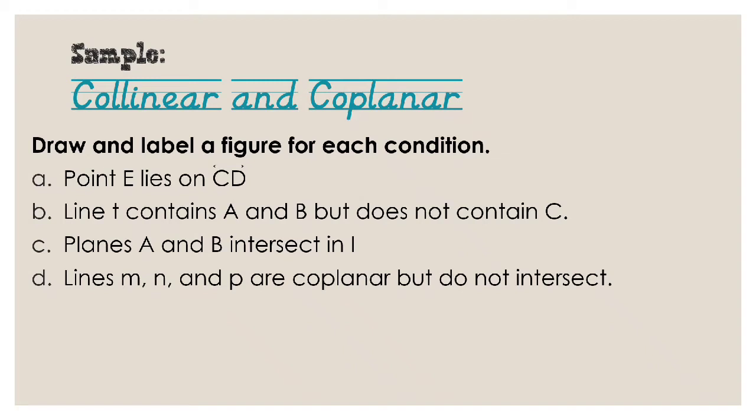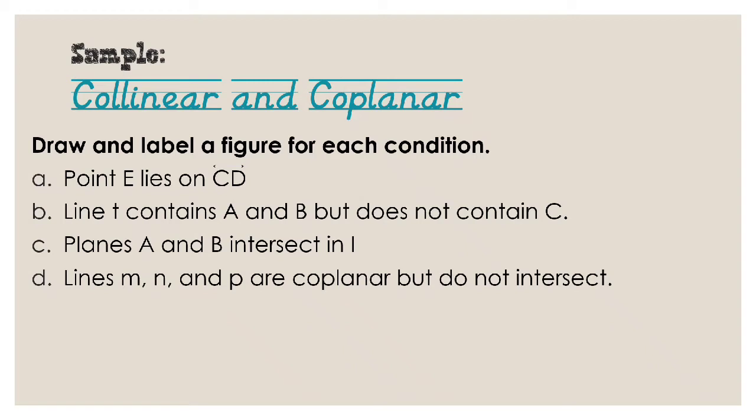Therefore, the first step that you're going to do is to draw a plane, since these lines are coplanar. Draw a plane, then inside the plane, you are going to draw 3 parallel lines, meaning these lines do not intersect with each other.